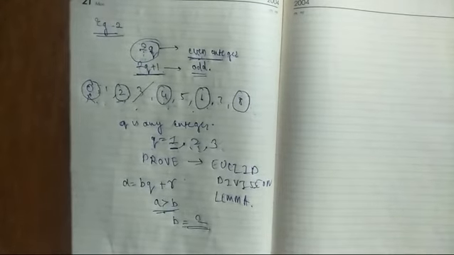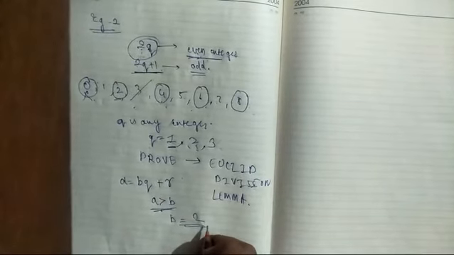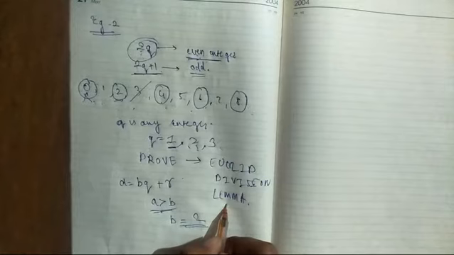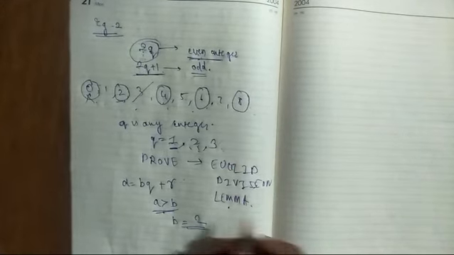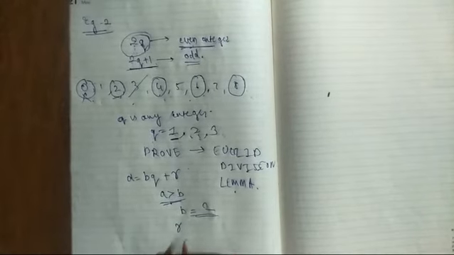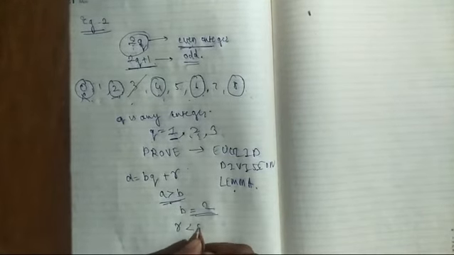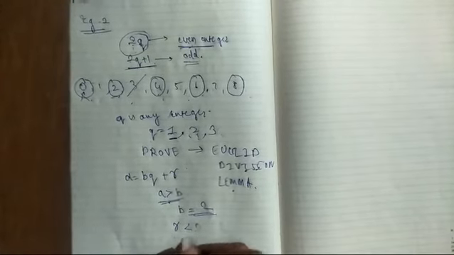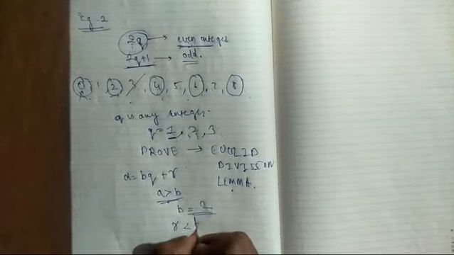If you have not seen the first video where I have explained Euclid division lemma, please watch it. In that video I told you that r is always smaller than b.